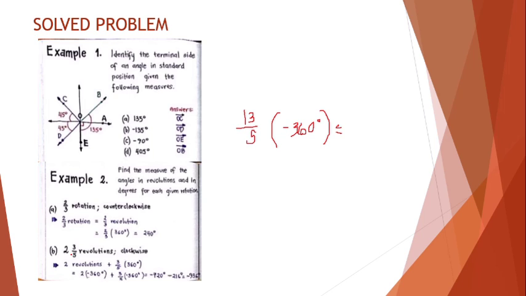Copy the denominator lang naman. By the way, hindi pala to 935. Sorry, maliit eh. Ngayon, ang magiging sagot nyo, same lang din sa naging given answer ng example 2. Sorry. That is negative 936. Okay.